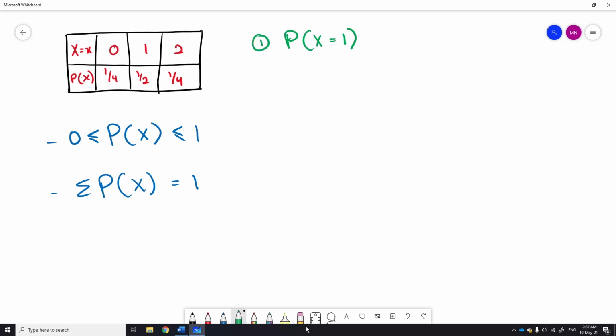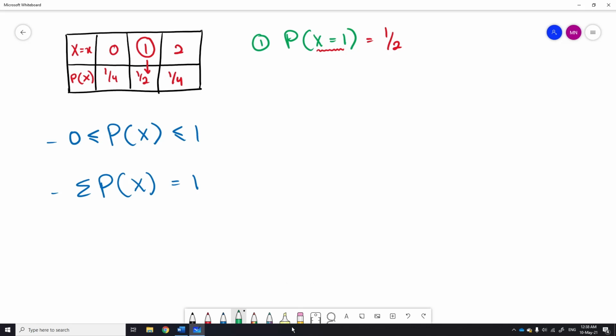Question number 1: find the probability of x equal to 1. We focus on inside the bracket. It mentions that the random variable is equal to 1. Since the table shows that the random variable equal to 1 has probability 1 over 2, the answer is 1 over 2.